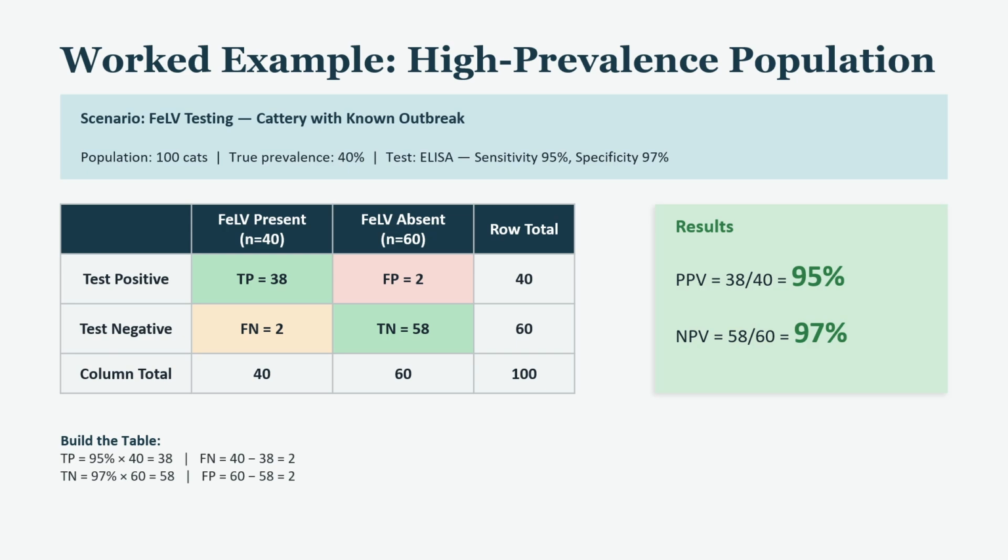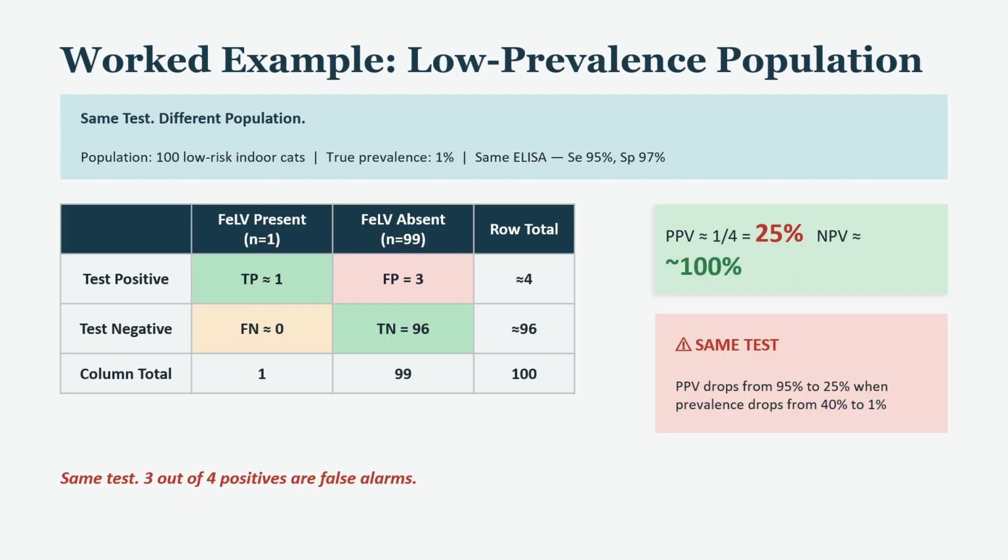Now let's take the exact same test and move it to a completely different population. Same test, same sensitivity, 95%, same specificity, 97%. Completely different population. Now the prevalence is 1%.